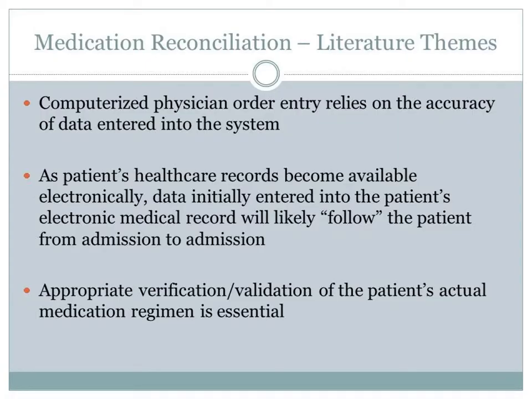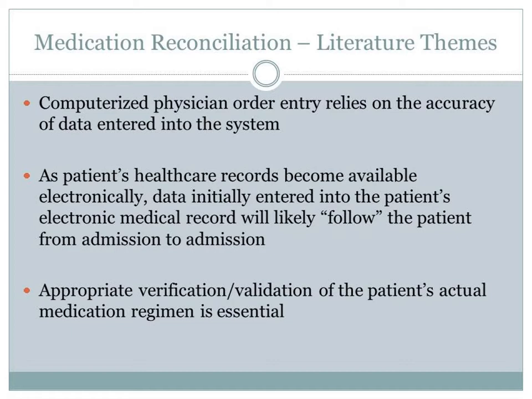And finally, as we've touched on, the computerized physician order entry is important, but the accuracy of information that gets imported into the system is also very important. And these records will follow the patient from office to hospital, back to office, or to nursing facility as well.